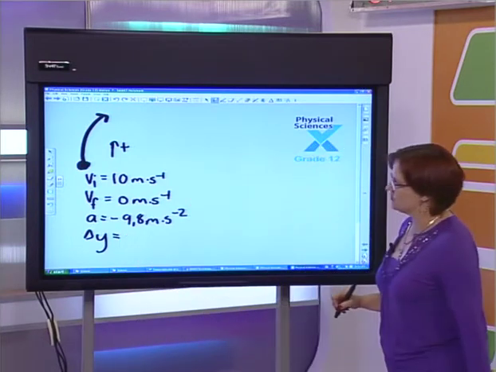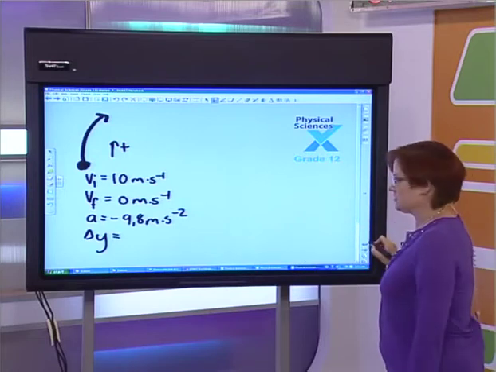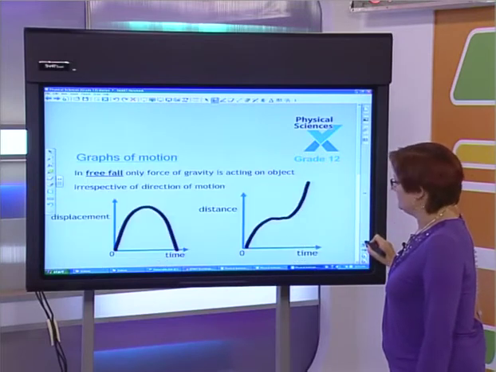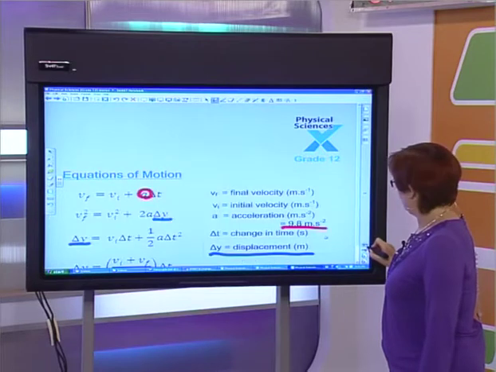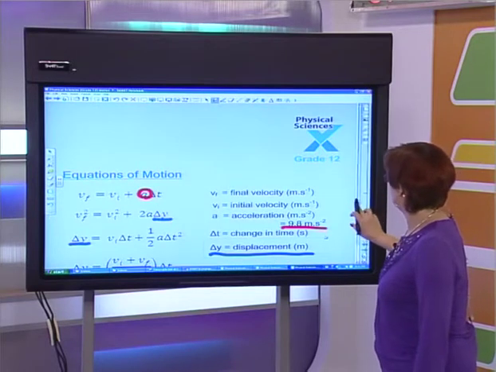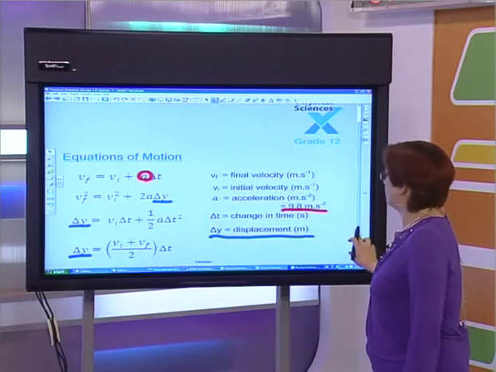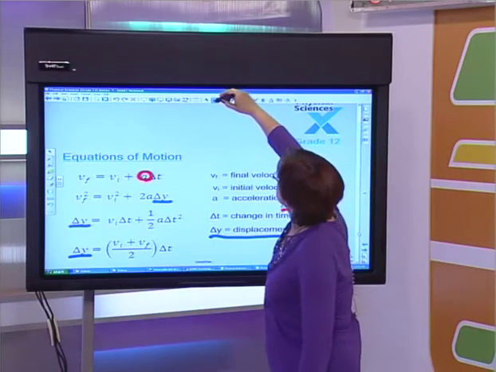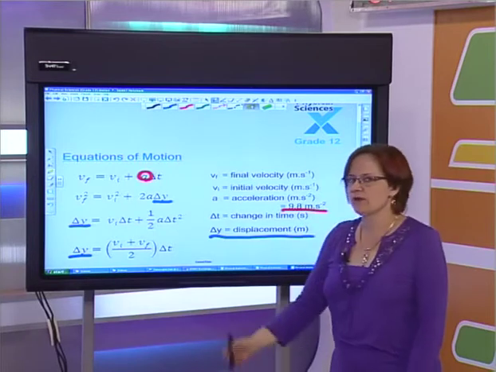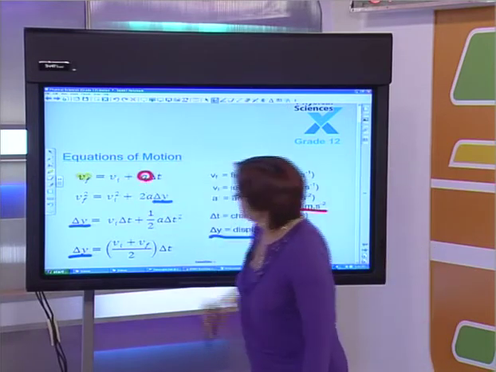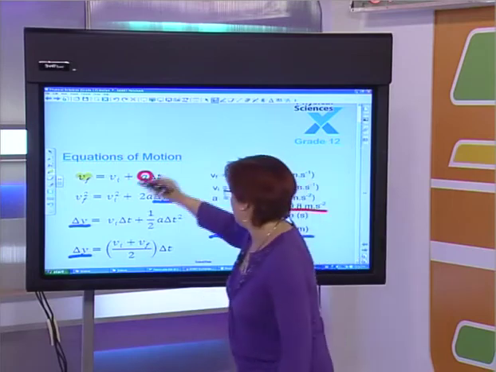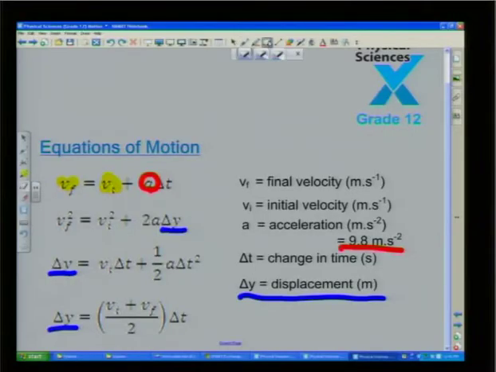Now, if we quickly scroll back to our equations, which I gave you earlier, how do we choose which equation to use? Because this is actually an important skill. So we take my highlighter and decide what I know. I have final velocity, I have initial velocity, I have acceleration.